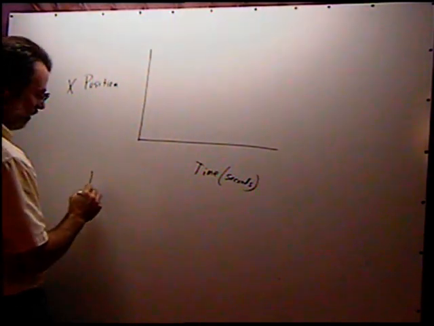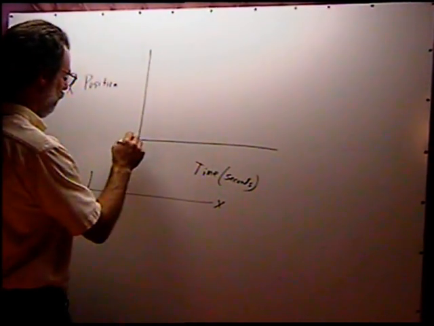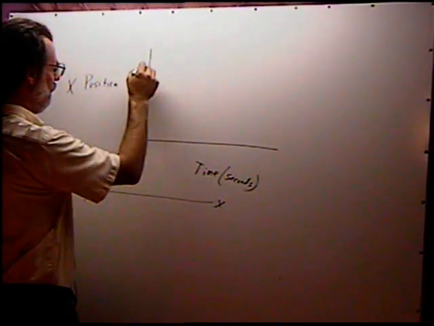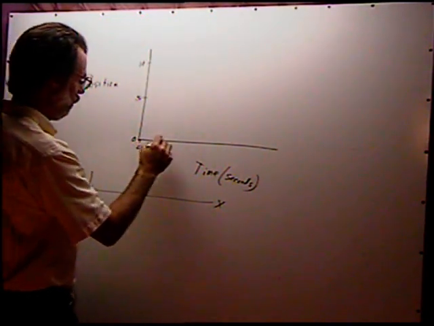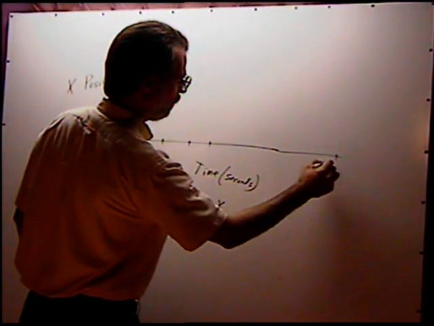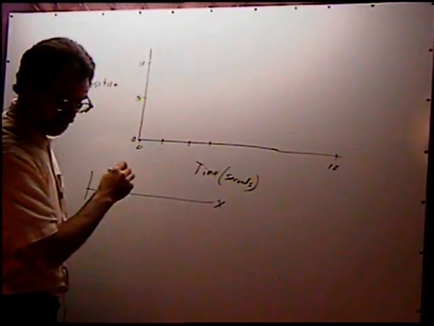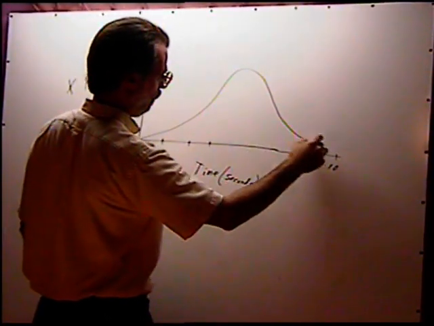Imagine we're plotting this position, say 0, 5, 10, and this is in seconds, 0, 1, 2, 3, all the way up to, let's say, 10 seconds. And it looks something like this, let's say.